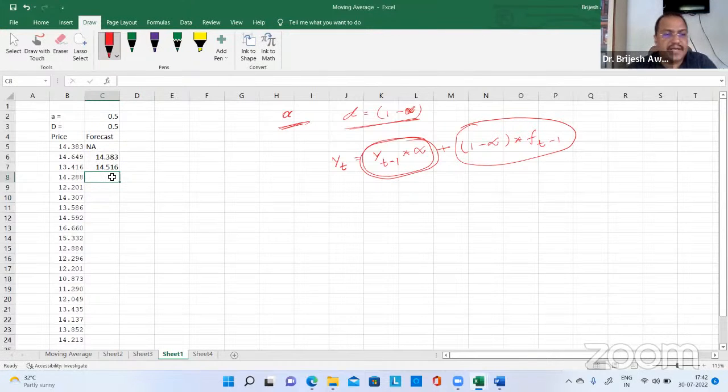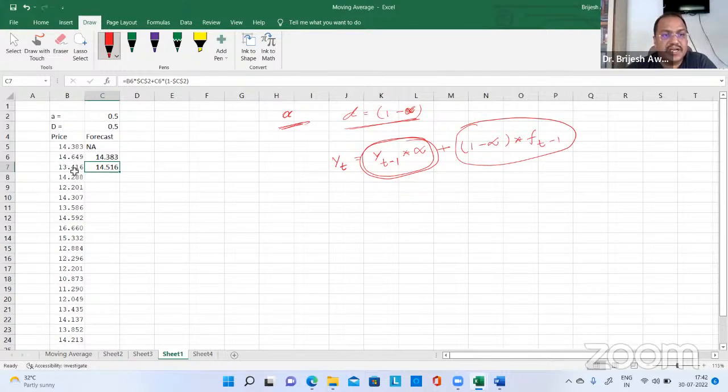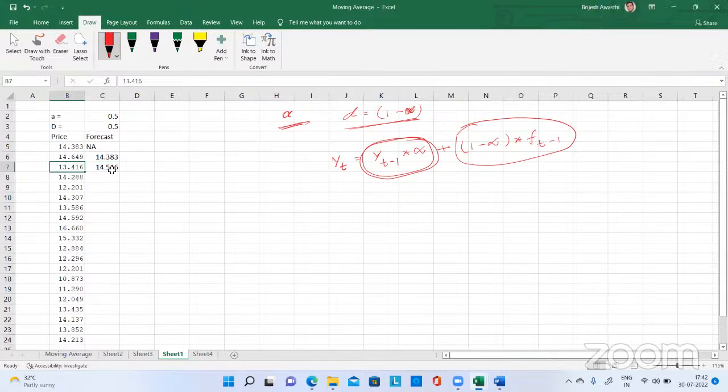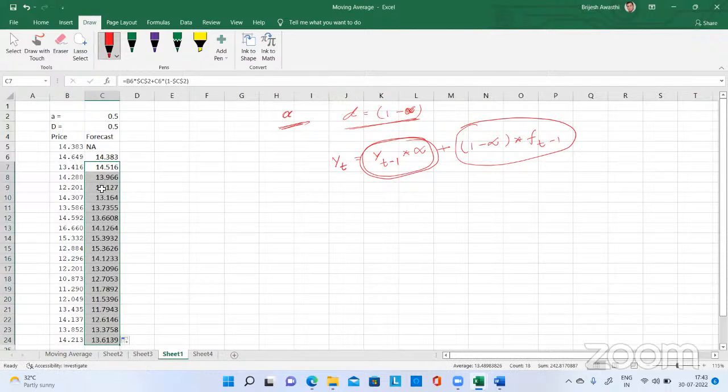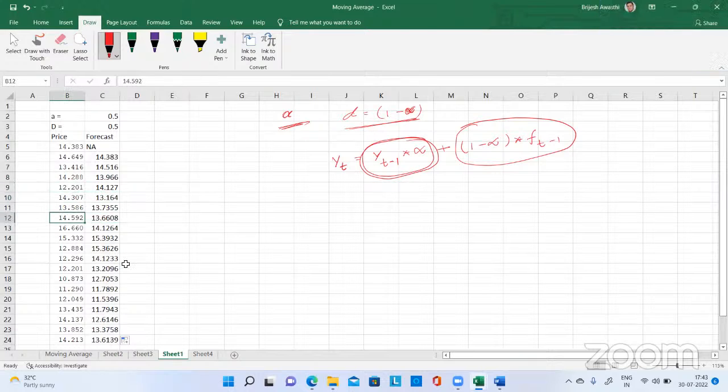What is the expected forecasting sale for next year? 14.516. And what is the reality? Reality is this, right? What about next? Reality is this. Yes or no? Yes.